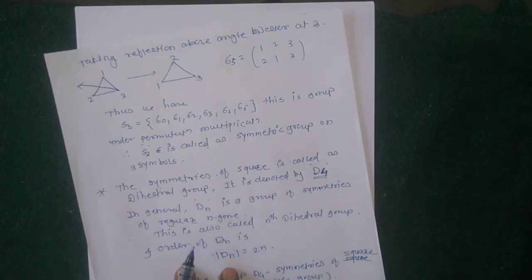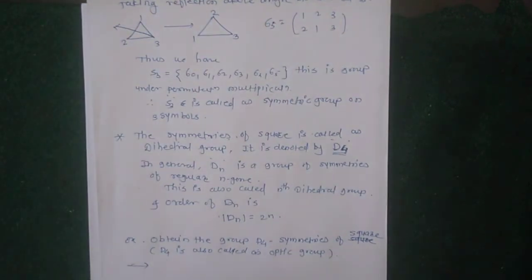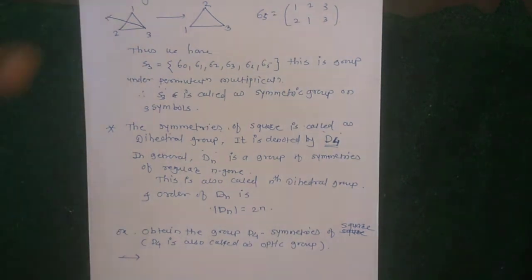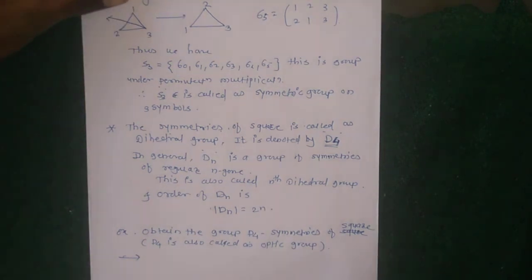D4, the square, is rotated through 90 degrees, 180 degrees, 270 degrees, and then bisected from each side. We get the bisecting diagonals, the two diagonals, and the upper and lower sides bisected, and rotations through 0 degrees, 90 degrees, 180 degrees and 270 degrees.